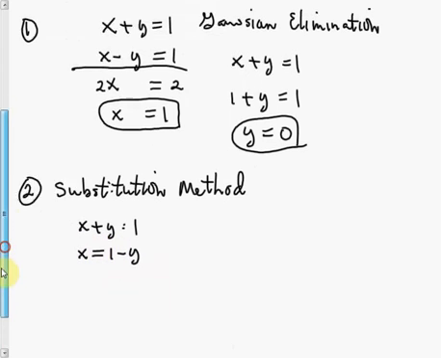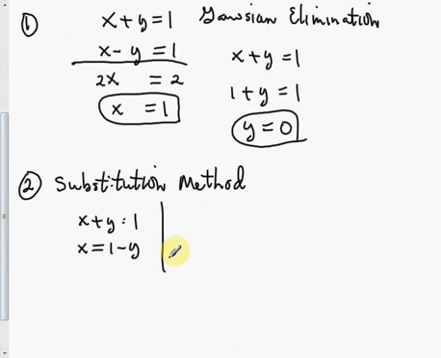Now the second equation, we have x minus y is equal to 1. Isn't that the second equation? Right? I'm going to take x equal to 1 minus y and substitute it into the second equation. Replace this x with 1 minus y. So here I have 1 minus y, just put that in parentheses to denote that it's replacing x. Minus y is equal to 1.